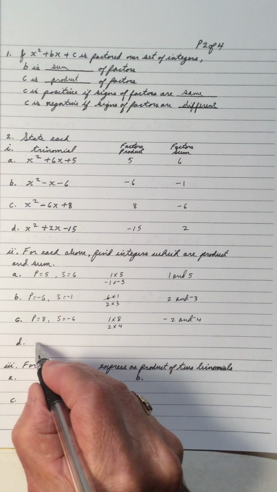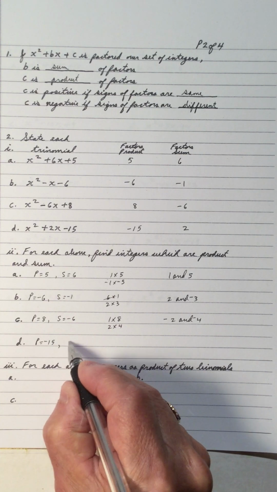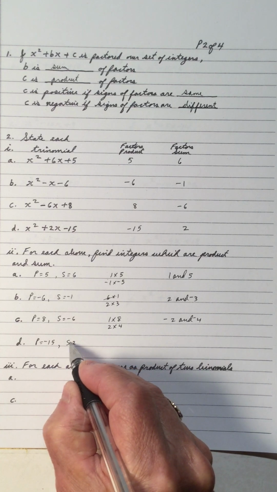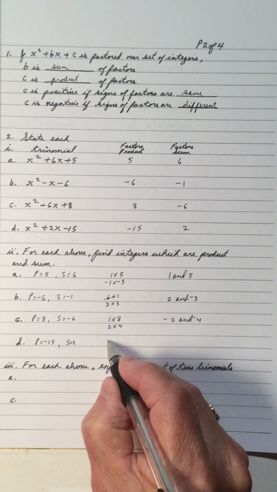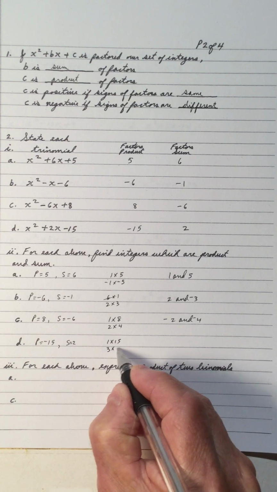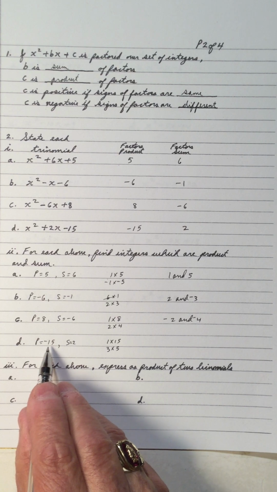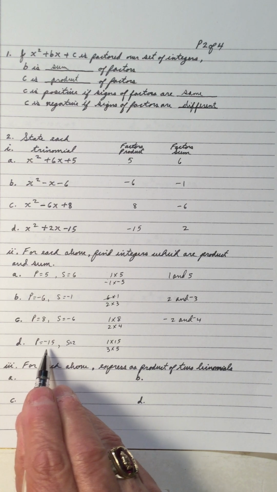D, product is negative 15 and the sum is 2. Okay, factors of 15: 1 times 15 and 3 times 5. The product is negative, so that means we're subtracting the factors because the signs are different.